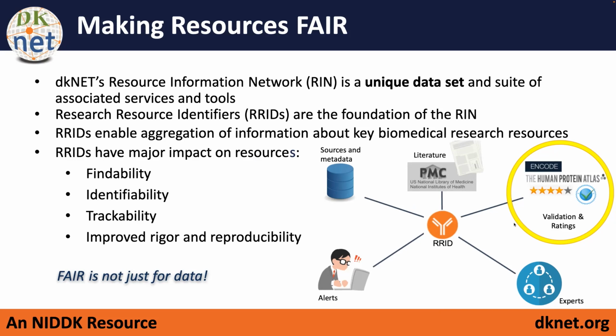For example, the ENCODE project and the Human Protein Atlas are examples of projects that provide information about antibodies and have that information that can be linked to. And so these RIDs allow this aggregation of information, and from all this information in the literature and the external resources, we are then able to provide alerts to researchers themselves.